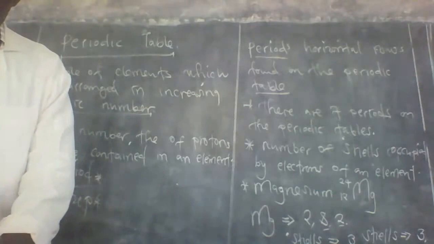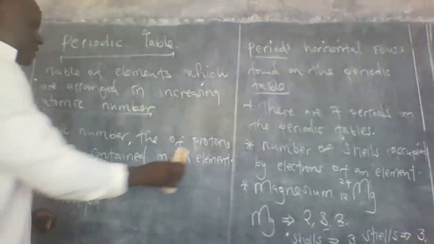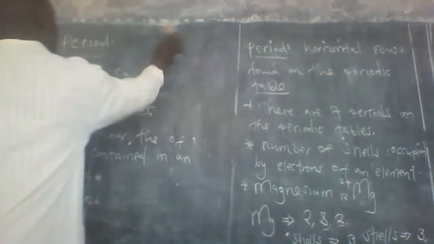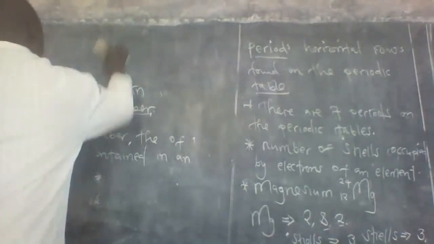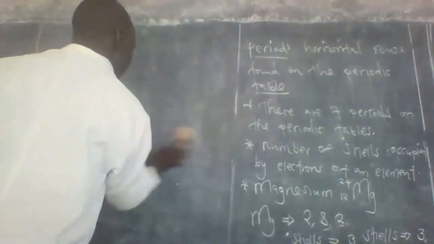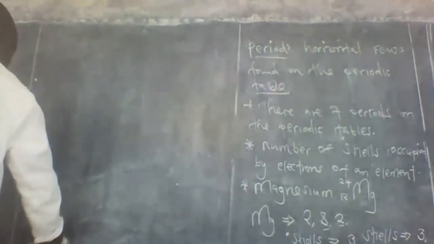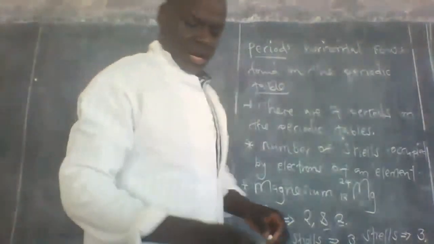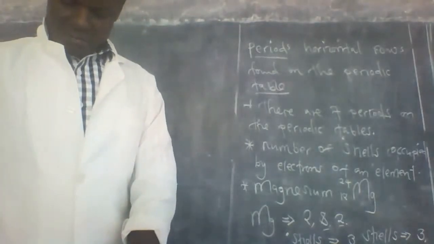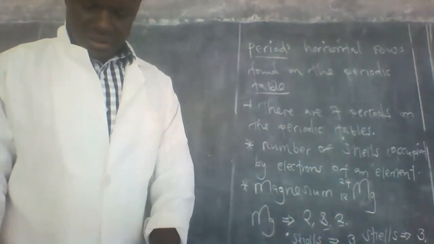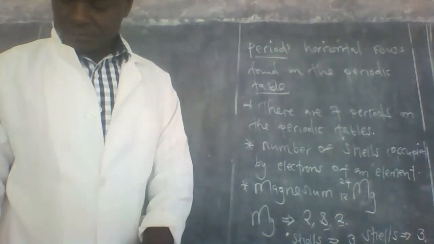So we can pick another element, so that we tell if it is true that the period of an element is determined by the number of shells that the electrons occupy.